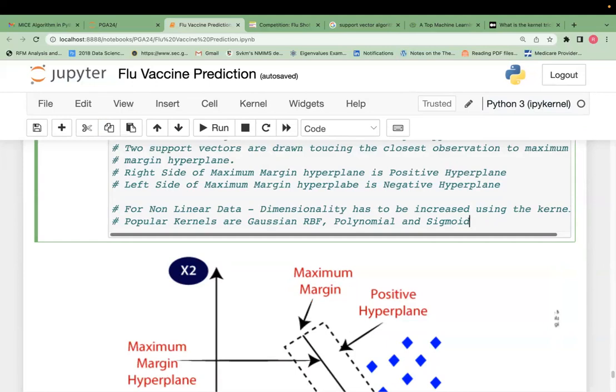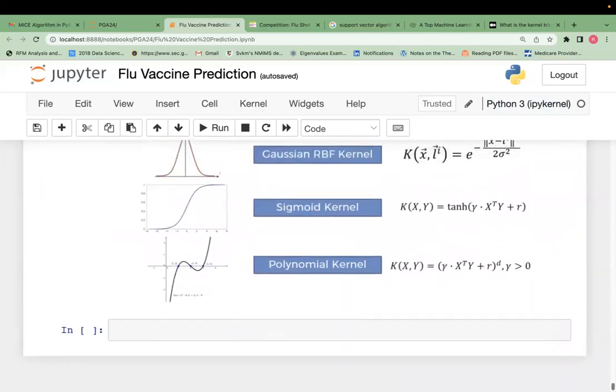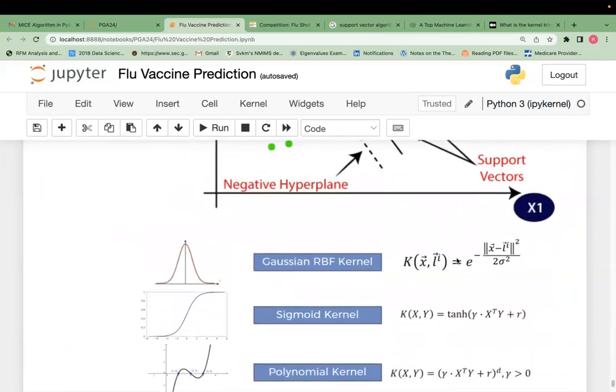Now, the most popular and default kernel is RBF. The Gaussian RBF kernel is the default. When I say transformation into higher dimension, each observation will be transformed using this formula. Like you remember the density curve, where observations are converted into standard density scores using the Gaussian distribution formula. This is also a Gaussian distribution formula.